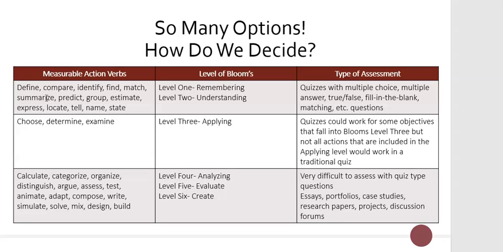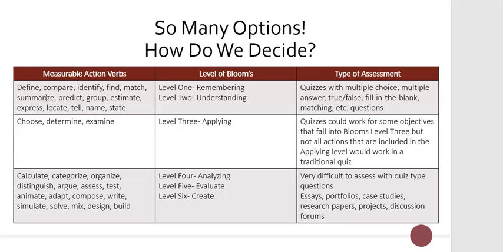But if I say, here is a passage, summarize in one sentence or in a brief phrase the key component or main aspect of this passage, and the student has to come up with it on their own, then I'm into level 3 applying and level 4 analyzing. So I've gone up. It depends on how it's written and what you have them doing as to what level of Bloom's it's in.